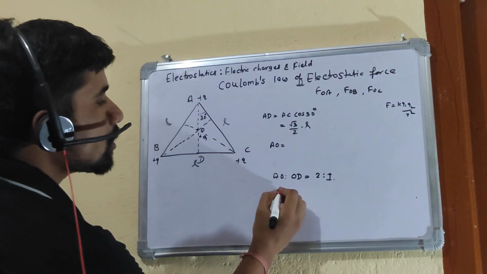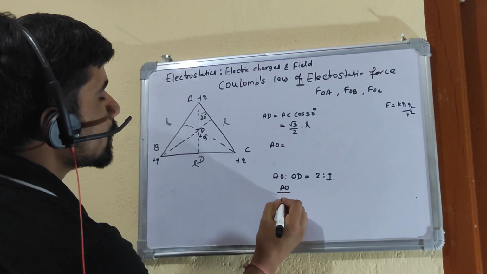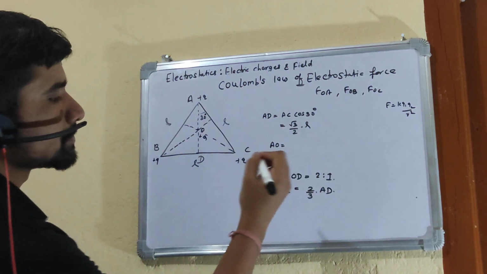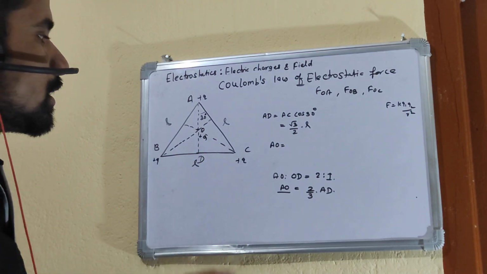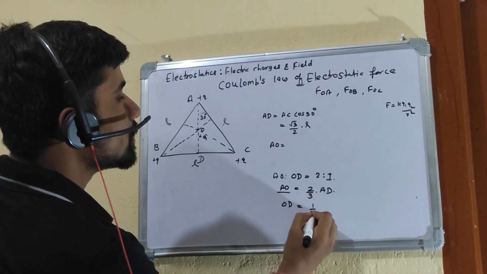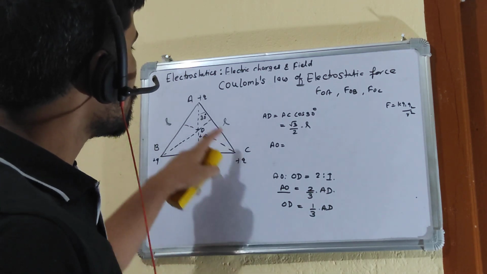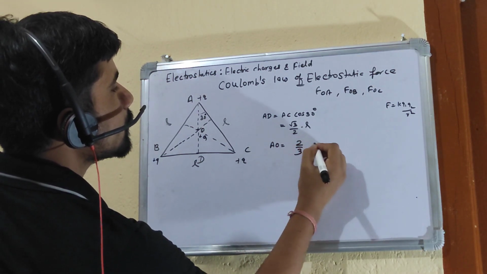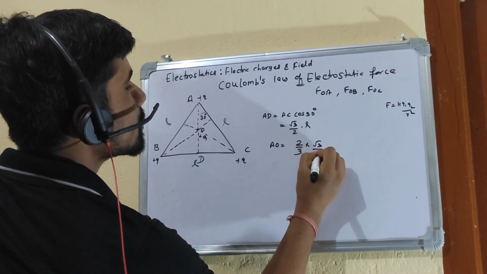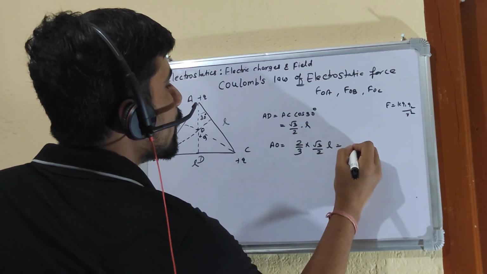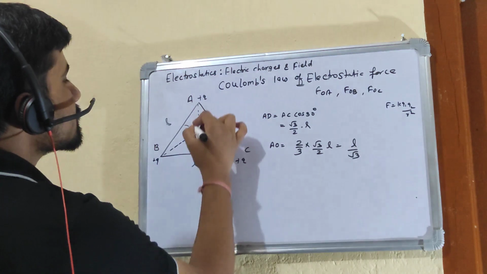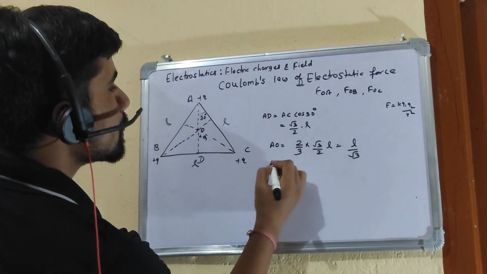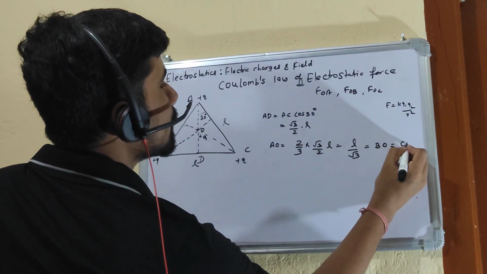Overall, AO is 2/3 of AD and OD is 1/3 of AD. So AO is 2/3 of AD, which is 2 by 3 into root 3 by 2 L. So this is L by root 3. This distance AO is L by root 3. By symmetry, we can say that BO and CO will also be L by root 3, right?